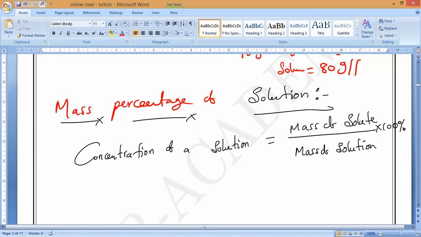Understand? Into 100, by percent it is. Do you understand? Percent, 100 percent by what? By mass. Understand, guys?